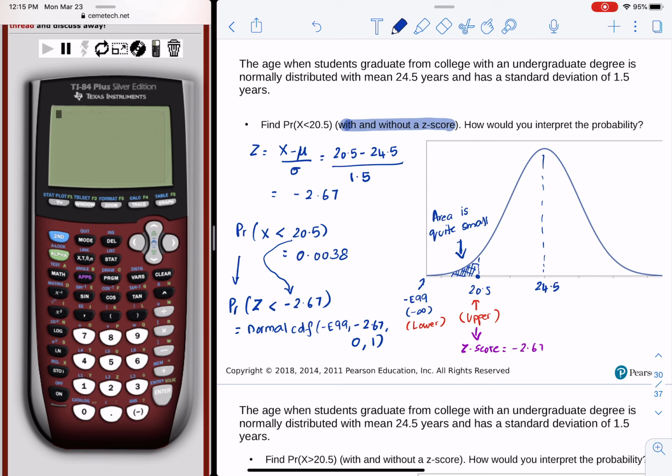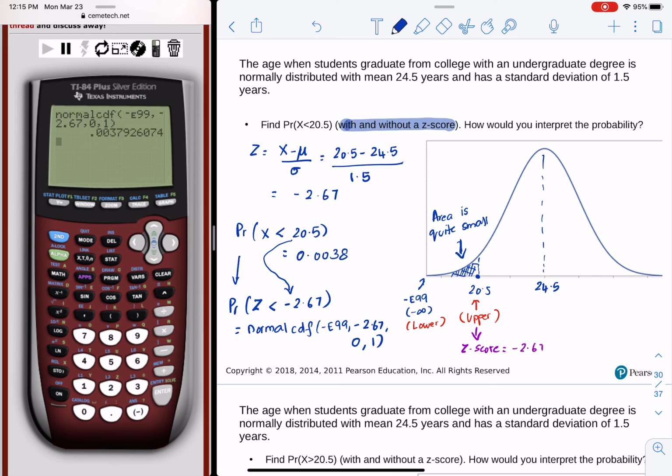So let's go back to second vars. Number 2, negative, second comma to get E, 99. Negative 2.67, which is the z-score corresponding to 20.5, followed by the mean and the standard deviation.